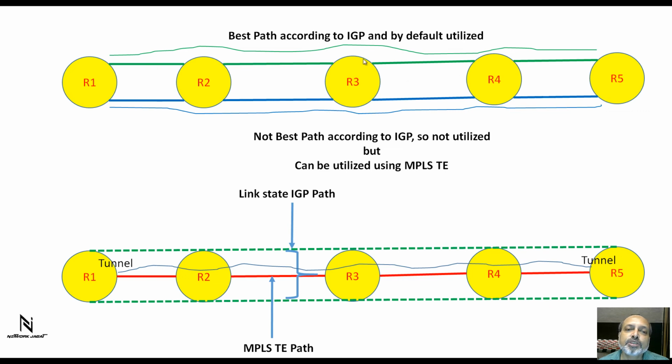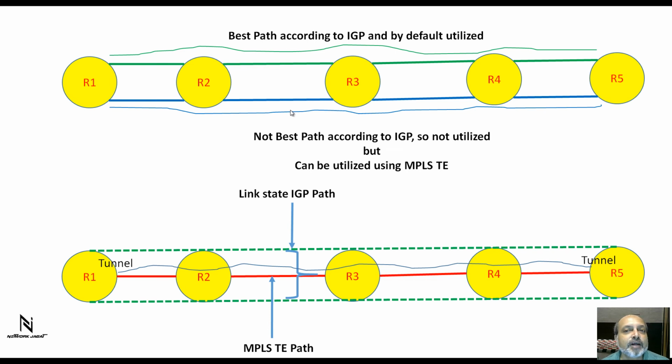Why equal cost load sharing? Just be careful about the fact that we are using an IGP here and an MPLS TE path here. Now, IGP will by default use its least cost path. And the MPLS TE path's cost will also be the IGP least cost. We have just discussed it a little while ago.